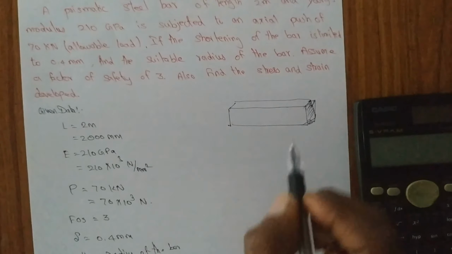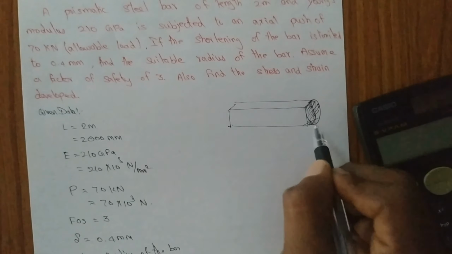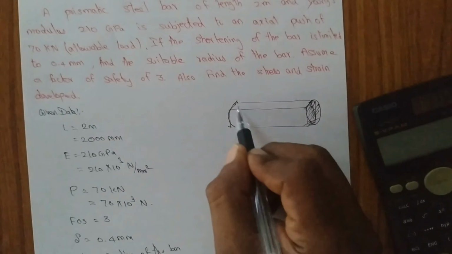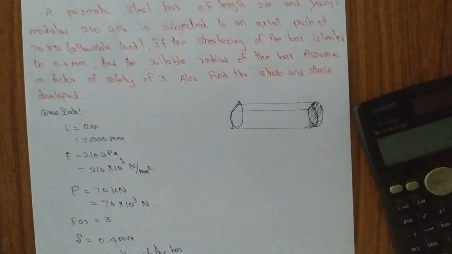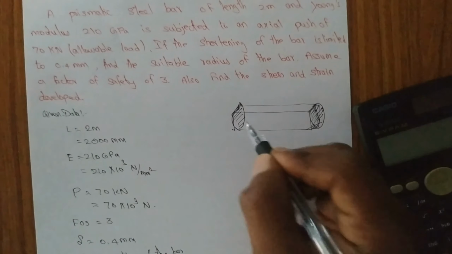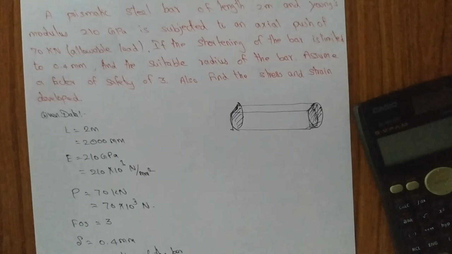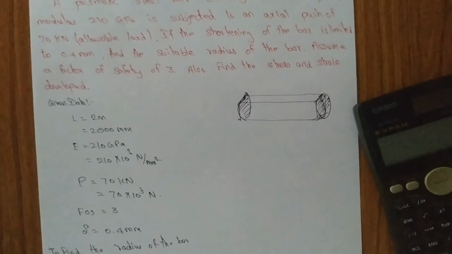It is a circular rod, because we are finding the radius of the bar.